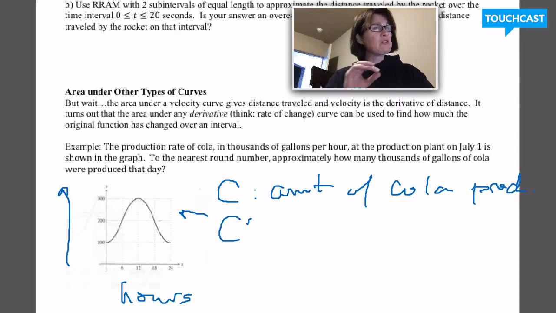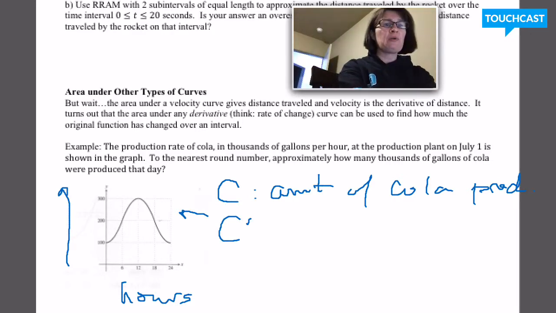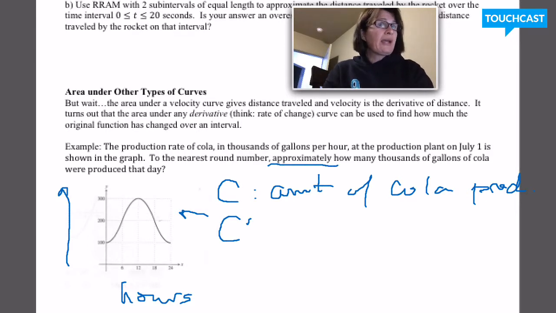So notice, we were not asked to do specifically a rectangular approximation method. I don't know a formula for the area under this curve, but we've been asked to approximate, and it's a multiple choice question. We're just going to do our best counting boxes. So how many full boxes, so squares that are 6 hours times 100,000 gallons per hour of cola.